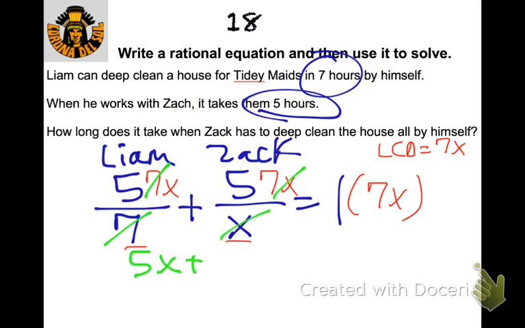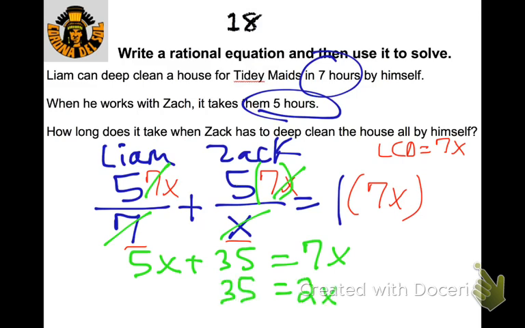That would be 5 times 7, so that would be 35. And then equals 7x. So we solve this equation. We're going to subtract 5x, so that would make this 2x equals 35. Again, if you need to show your work there, minus 5x, minus 5x.